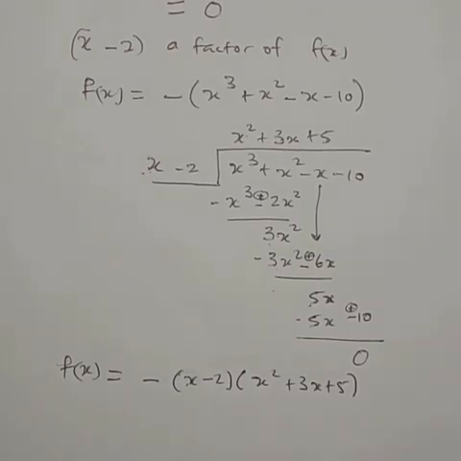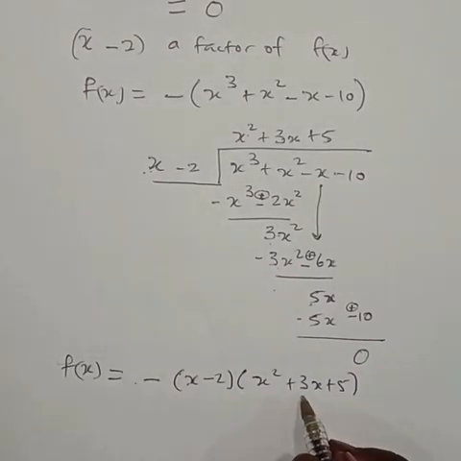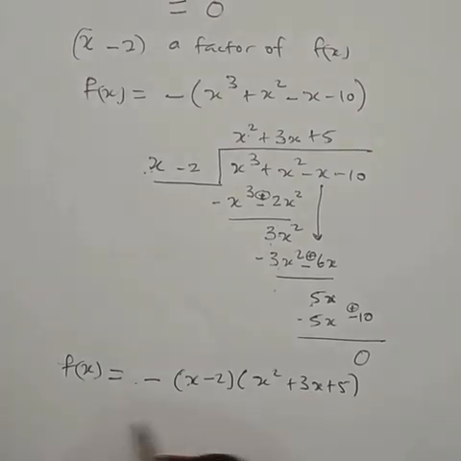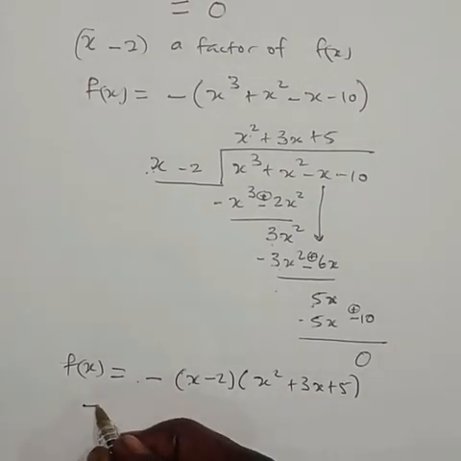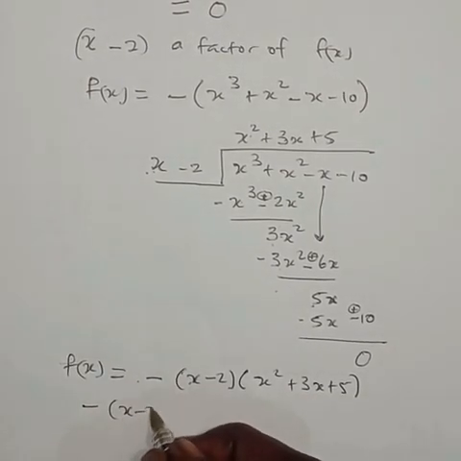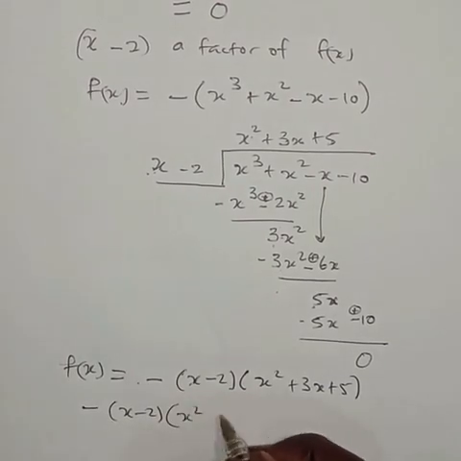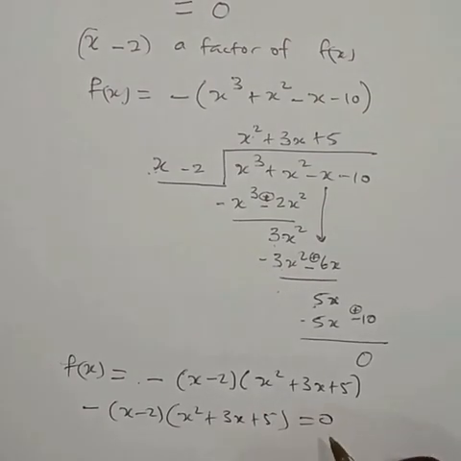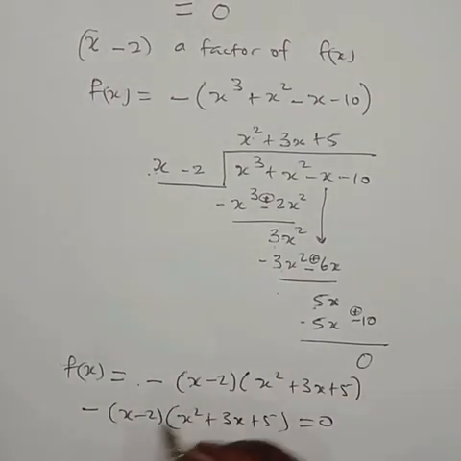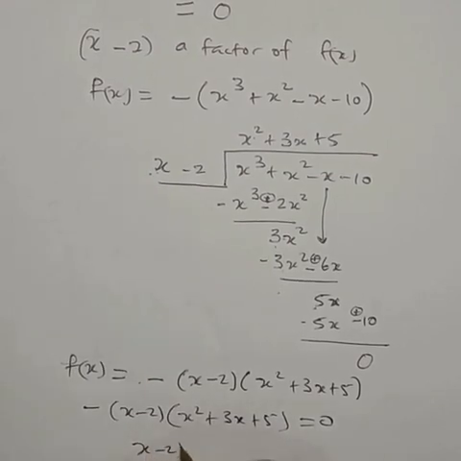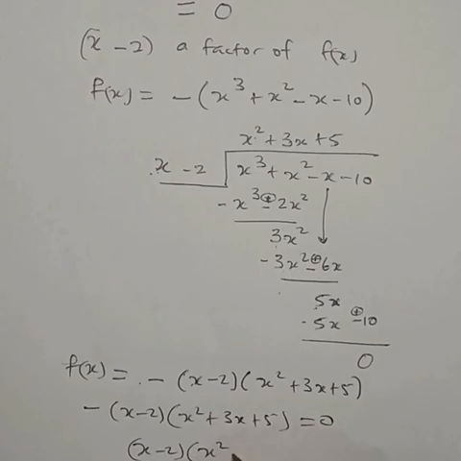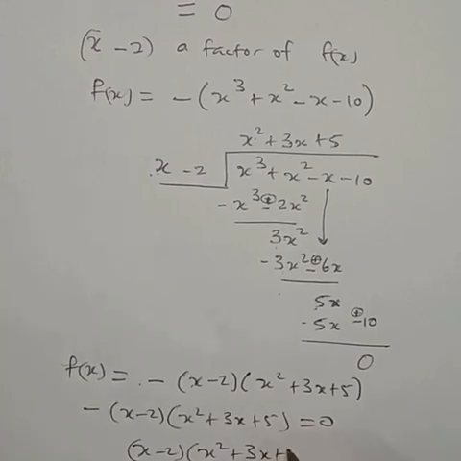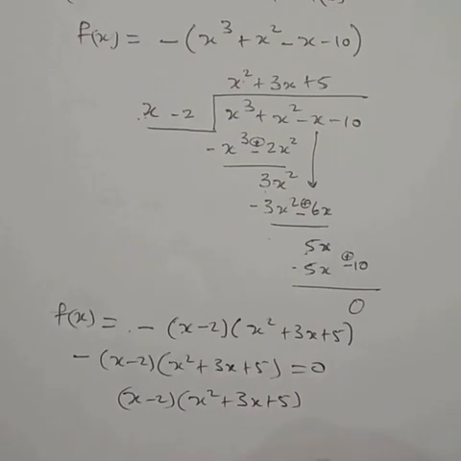So I'm saying minus (x minus 2)(x squared plus 3x plus 5) is equal to 0. Then I divide by the negative on both sides, and I remain with (x minus 2)(x squared plus 3x plus 5) equal to 0.